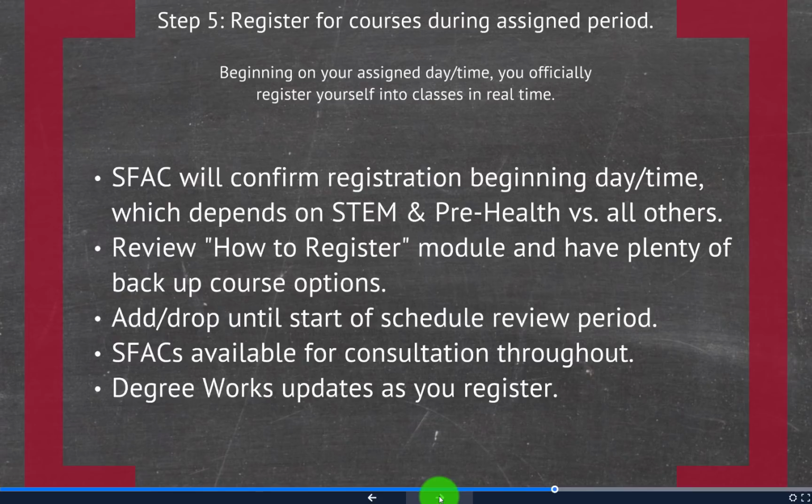As you're going into step 5, you'll want to pay close attention to the How to Register module and have plenty of backup course options. You'll be able to add and drop from the first day and time you're able to start registering until the start of the schedule review period, at which point we will pause your ability to register. And of course, your SVACs will be available for consultation throughout.